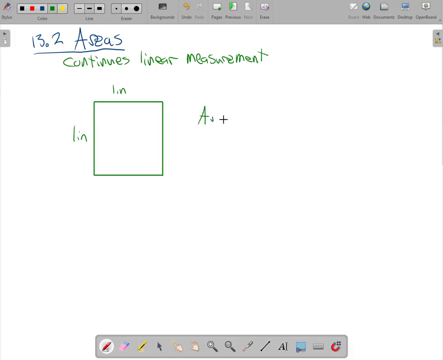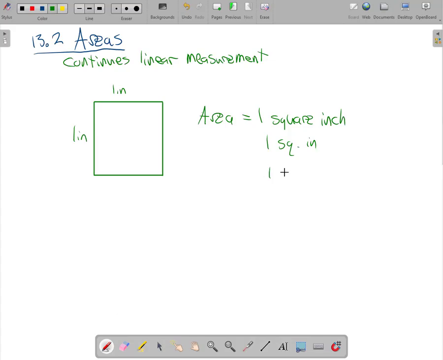Then the area is just 1 square inch, which sometimes we write as the word square and the word inch. Sometimes we might abbreviate it as SQ and then whatever comes next, in this case, inch.